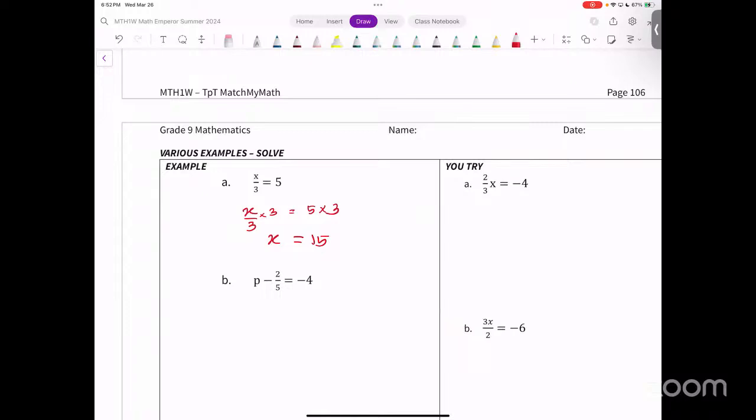So we're going to multiply every single term by 5. So 5p, these two cancel, negative 2 times 5, minus 4 times 5 is negative 20. Well, you should be an expert on solving from this point. 5p minus 2 plus 2 is negative 20 plus 2.